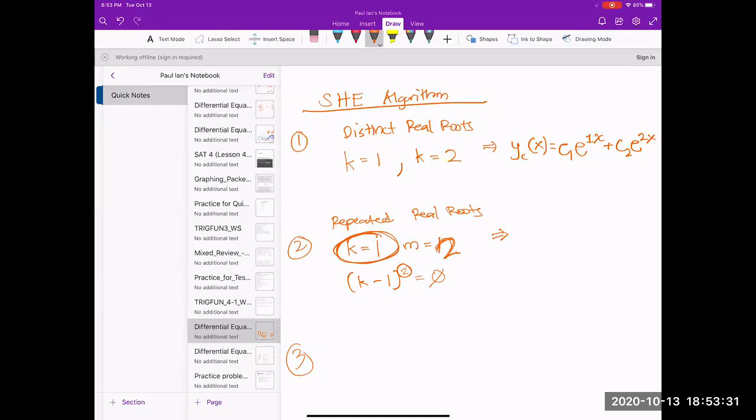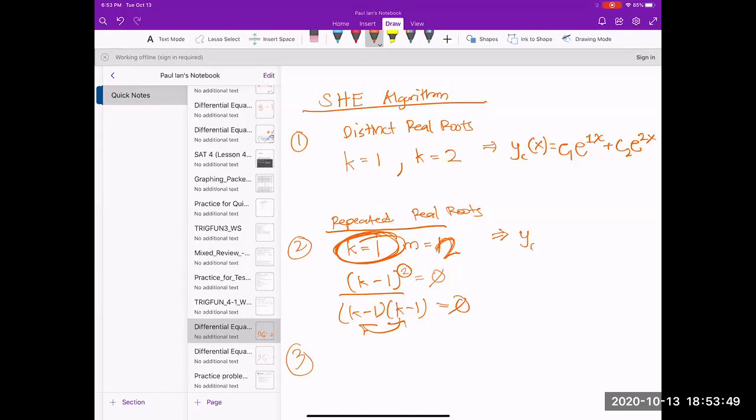That's why it's called repeated real. Because when you have this k minus 1, it's actually k minus 1 times k minus 1. And you can't just put the solution for one of them. You have to put the solution for both of them, or else it won't be the right solution.